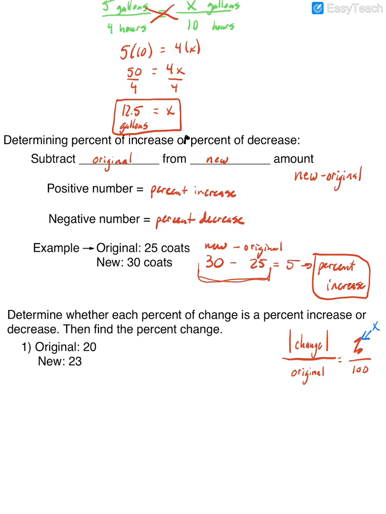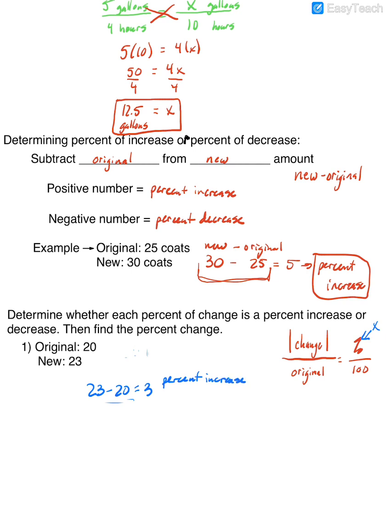Okay, so here the original, so I take the new minus the original, so then that gets me 3. So it must mean that I'm looking at a percent increase.